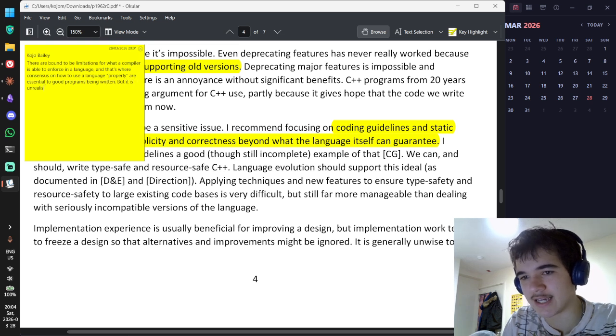But it is unrealistic. Even so, we cannot ever expect all programmers across all production software to perfectly follow such guidelines.